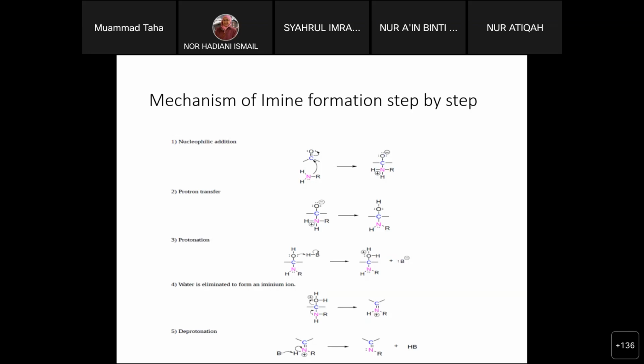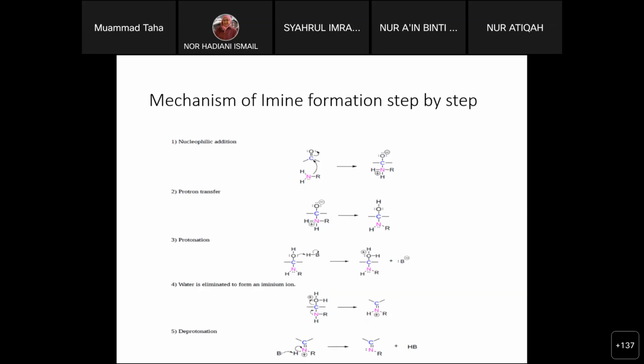So the bond between oxygen and carbon breaks and the lone pair of nitrogen attacks the carbon, forming this intermediate. Then the counterpart of the acid which gave the proton will take its proton back, because this is the catalyst. Remember the definition of a catalyst: it is not consumed in the reaction, it only helps the reaction.